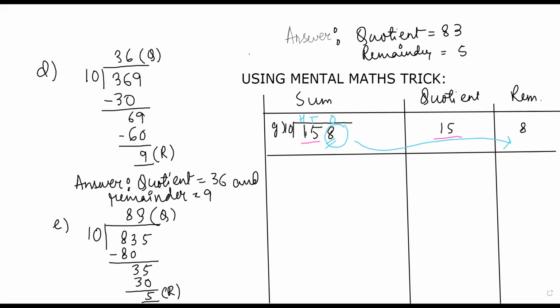Writing the next sum, H sum is what? 10 divided by 156. Again very easy: 15 is the quotient and 6 is our remainder.